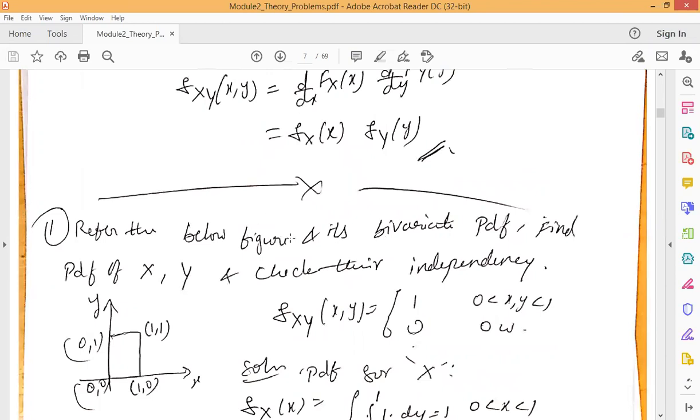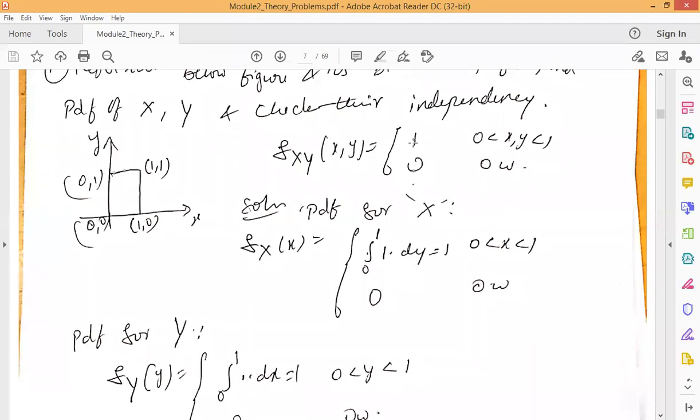So we can write f_X of x is equal to the integral of f_XY of x comma y, integrated with respect to y. Here f_XY of x comma y takes the value 1, so in this place we have written 1 in place of the bivariate PDF. And what about the integral limits?